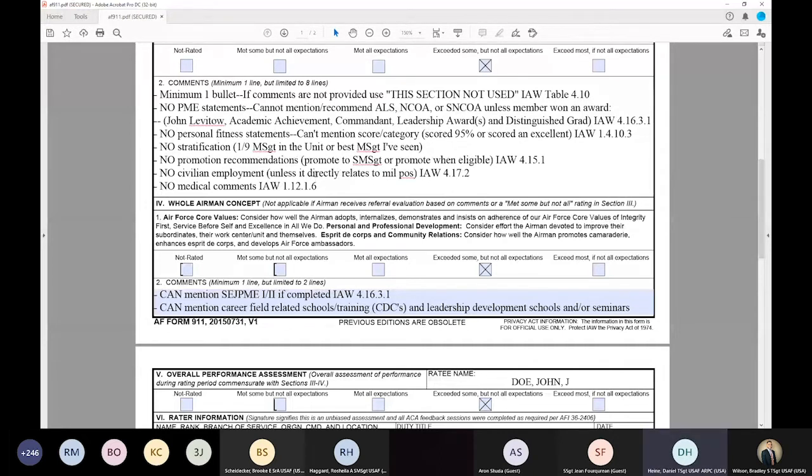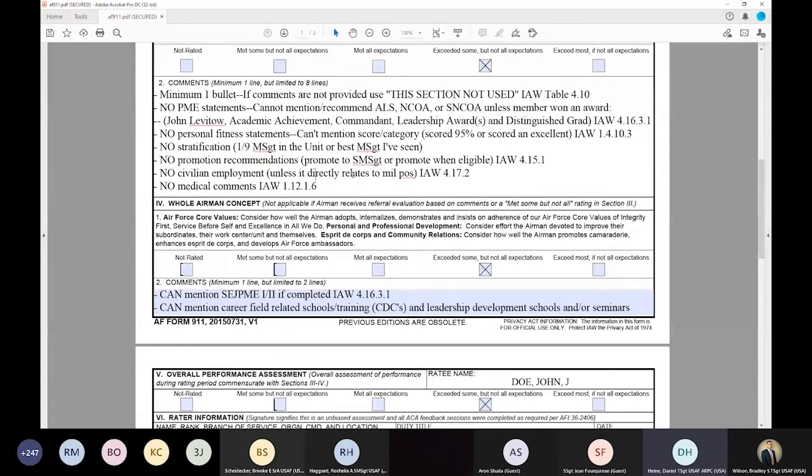If the member, for example, during the week is a GS employee in the CSS and they do personnel related tasks, but then during drill they are in security forces and they do security forces related tasks, then those two cannot be mentioned on the same report. That's when the civilian performance reports would mention their civilian job.